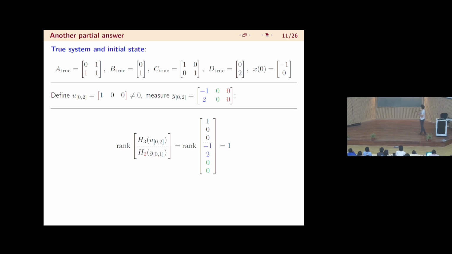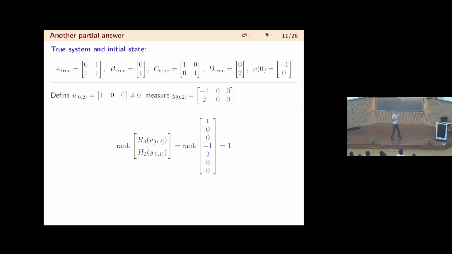Then we consider an input-output Hankel matrix of the data. The idea of this online experiment design is to increase the rank of this input-output Hankel matrix at every step. Using this data, I just have one column in my Hankel matrix, right?